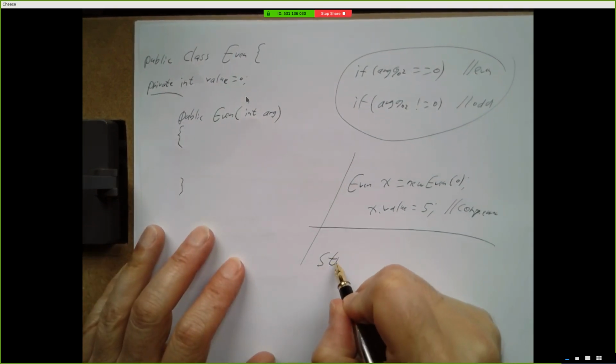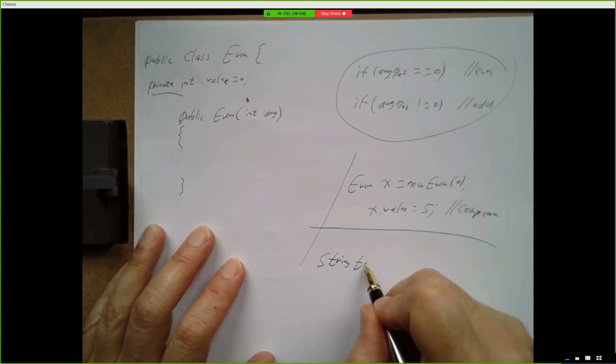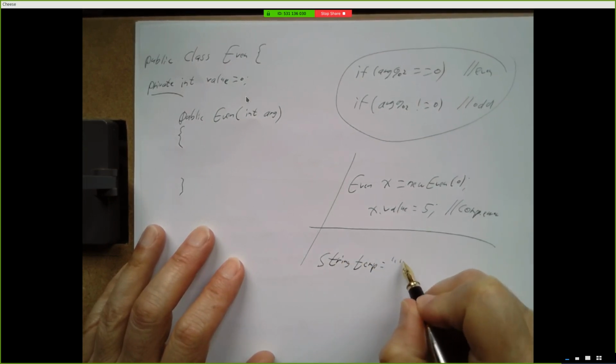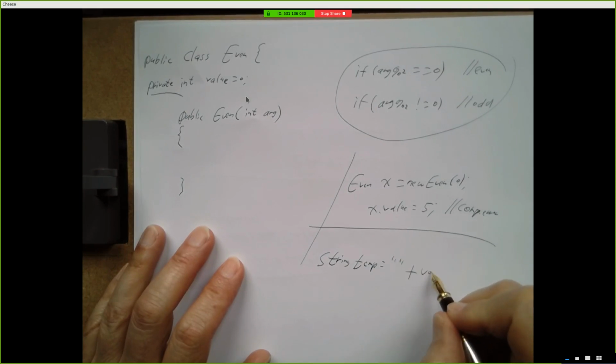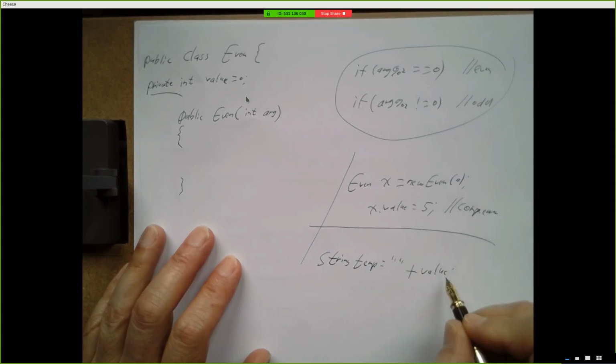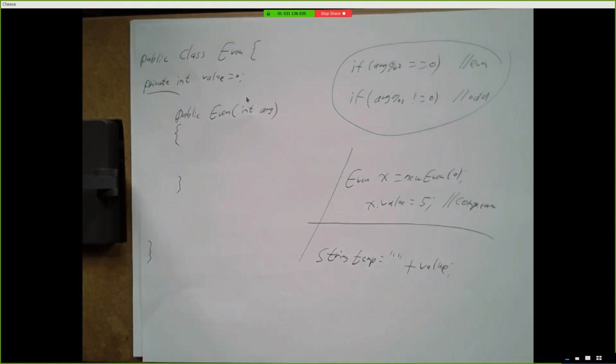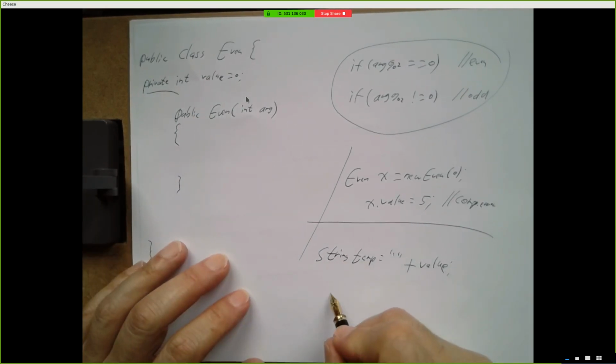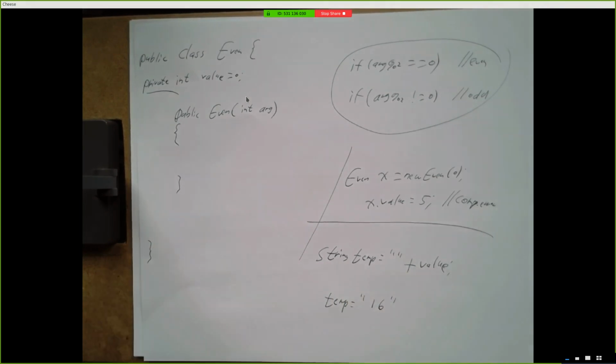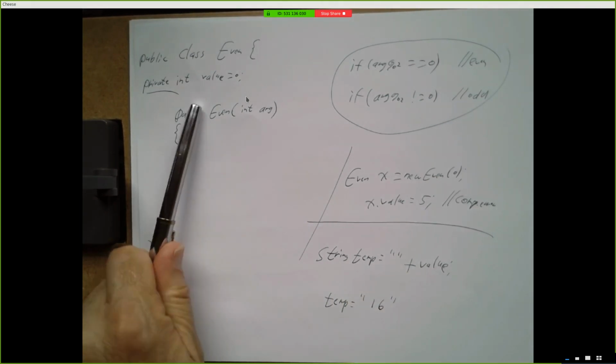I could say something like String temp equals empty string plus value. Okay, now temp is a string corresponding to the value of this. If value is 16, temp would be equal to a 2-character string 16.